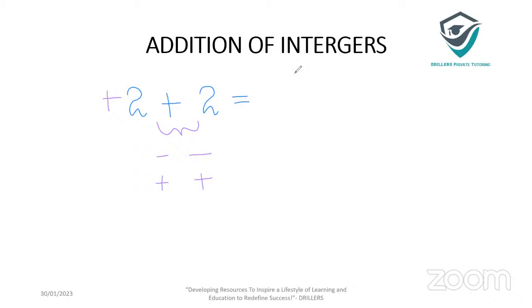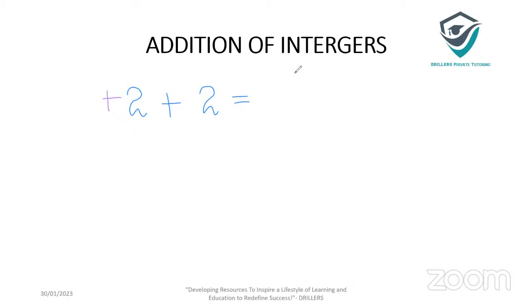When we have 2 negative signs or 2 positive signs, we just replace it with an addition sign. If I were to ask you, what does that mean? Just think in your head: an addition that comes in between 2 integers can be replaced with 2 negative or 2 positive signs.